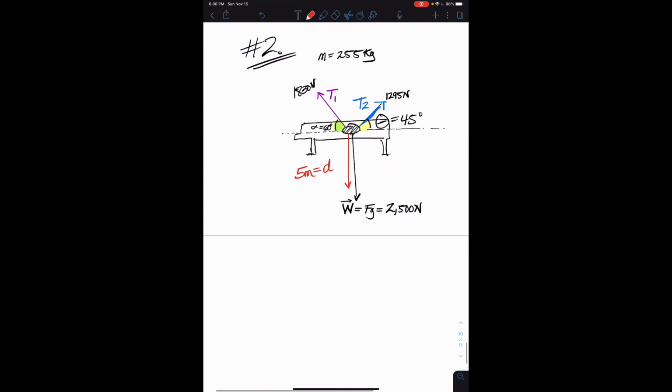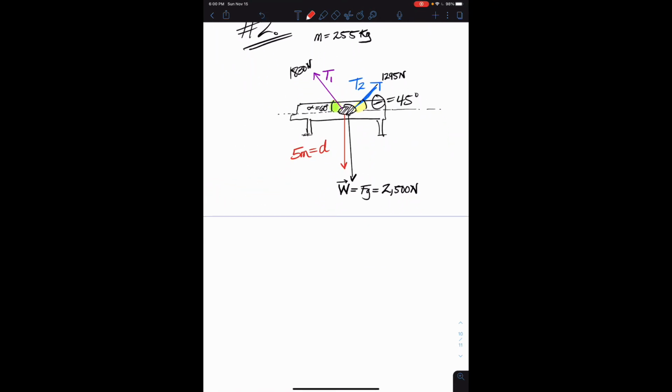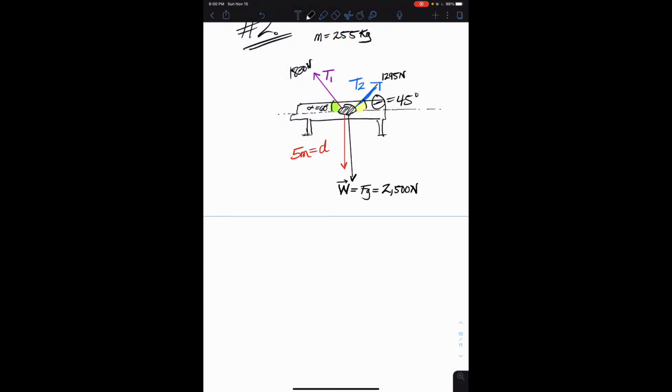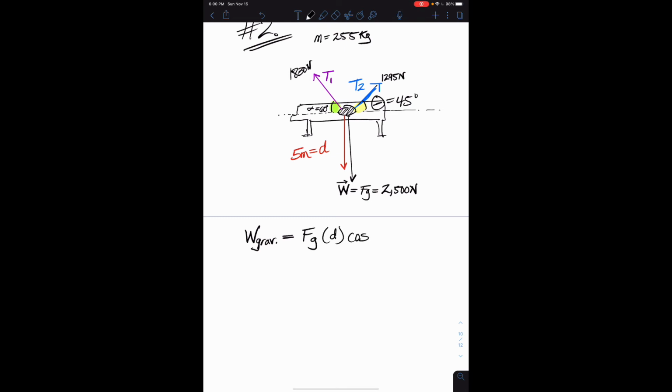Let's start with probably the easiest one. We have to find the work of all these forces. Let's start with the force of gravity, or the weight. So the work done by gravity, we'll call it work grav, is equal to F d cosine theta, but in this case it's Fg times d times the cosine of theta.